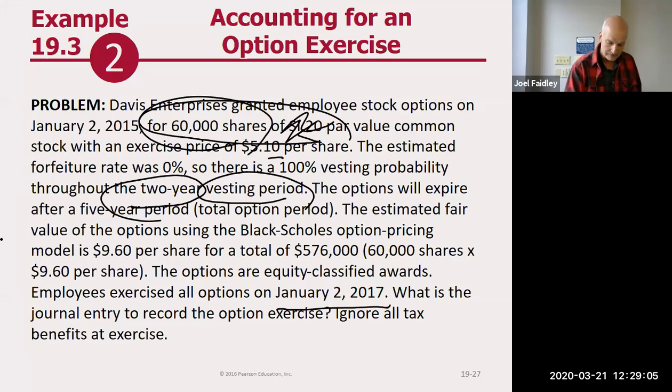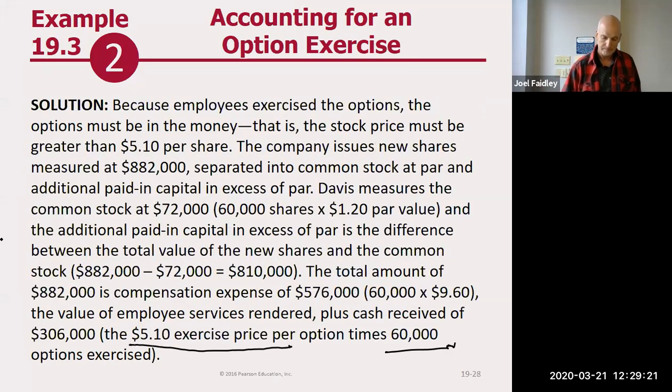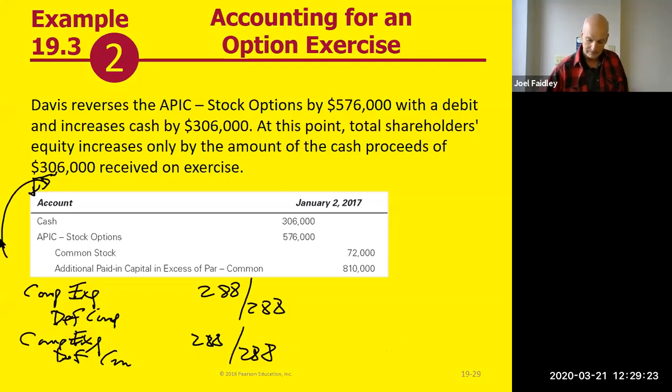There it is, exercise price 510. So 60,000 by the exercise price means that's the cash that the holders of these stock options, your key executives, have to pay you. They have to pay you 60,510 to put this on the books. So that's what that is.